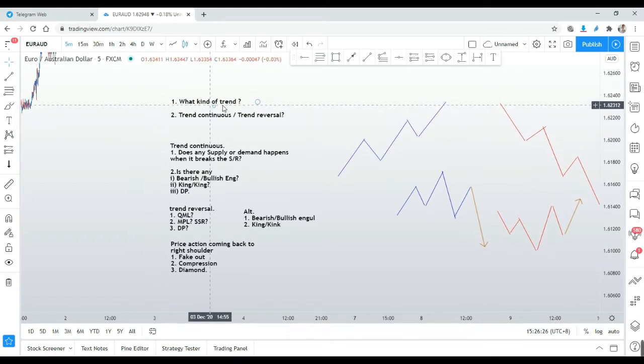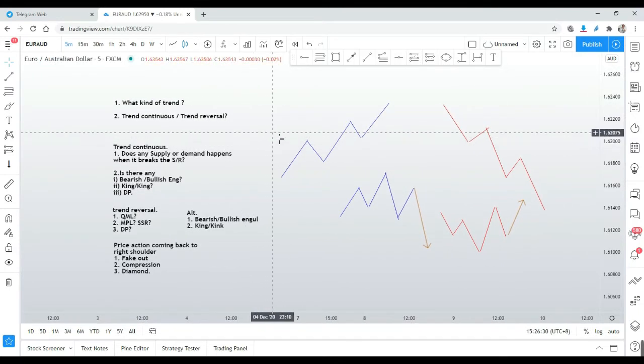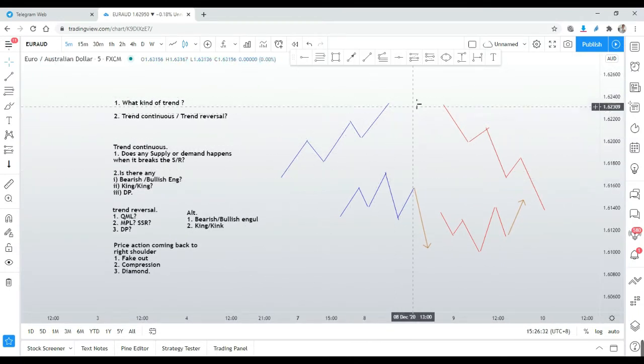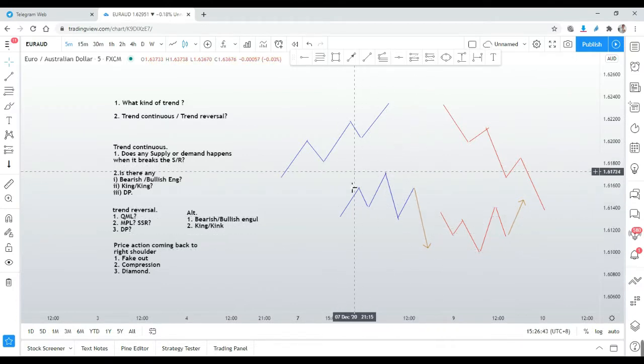The second type of question about what kind of trend you're trading is that you need to identify whether you are trading at the mid-trend, the bullish mid-trend or bearish mid-trend, or the end of the trend, which we always identify as the QM setup, the sell QM setup or the buy QM setup. You need to know what kind of trend you are in.